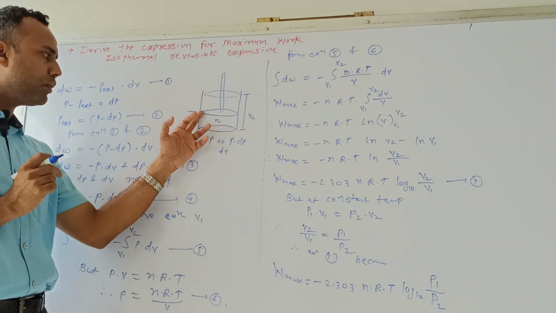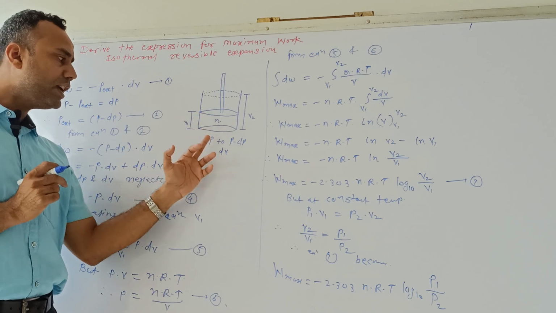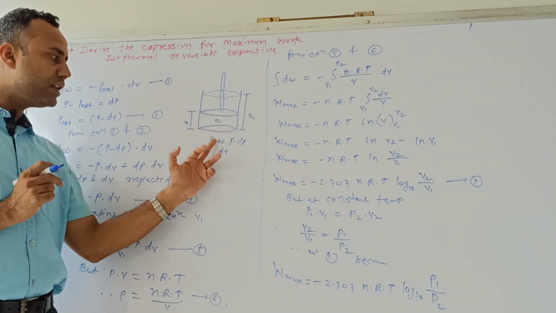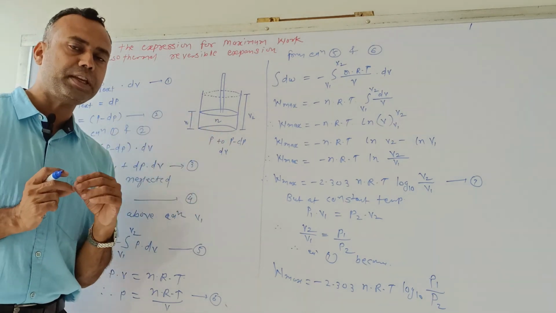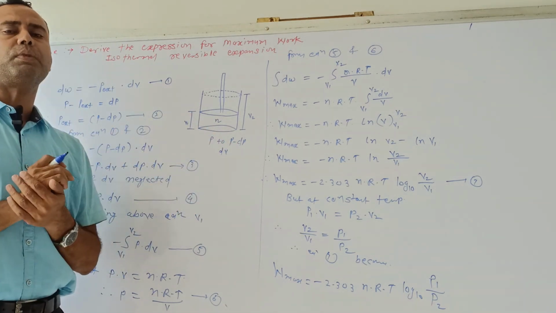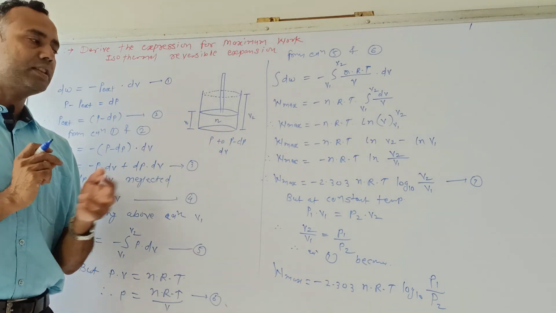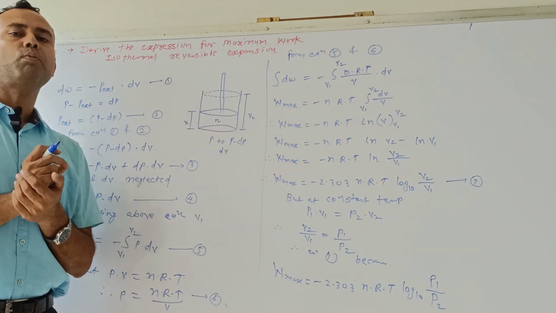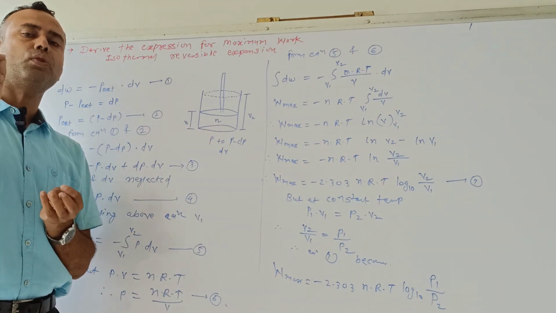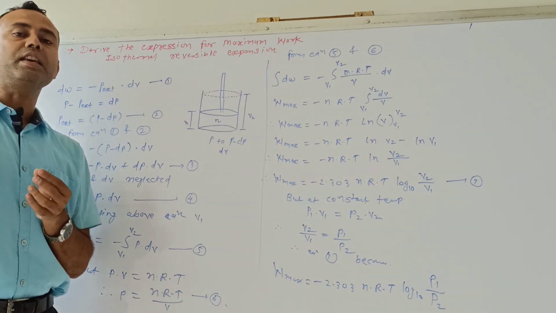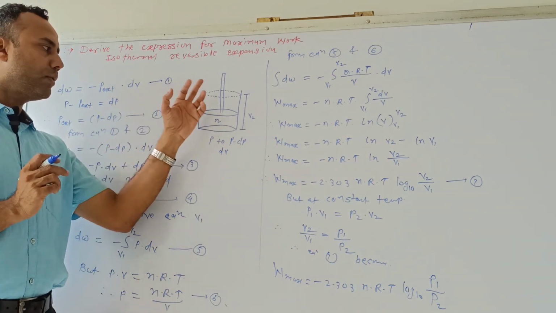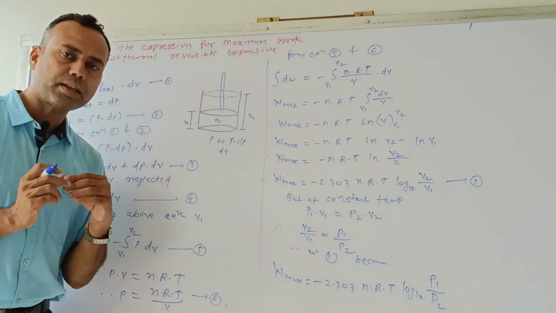That's why we are decreasing the pressure here. Initial pressure P is decreased to P minus dP. dP means a very small quantity by which the pressure is decreased. Suppose this pressure is 10, then we are decreasing it by 0.001, which is infinitesimal. Therefore, pressure is changing from P to P minus dP.